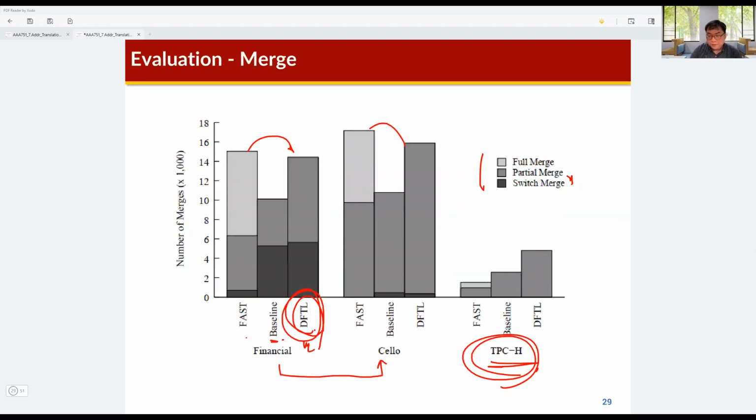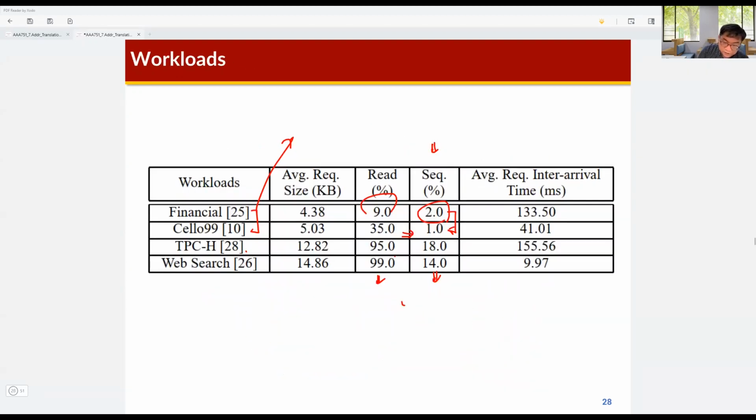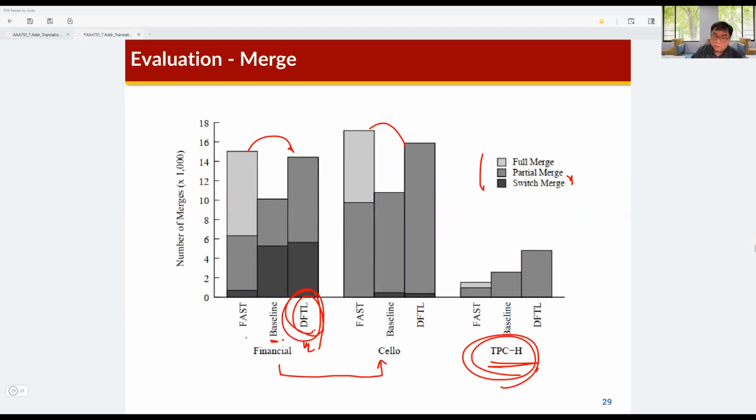But in the TPCH, we can find that the percentage of sequential write is higher than the other workloads. You can find that the number of merges by DFTL is even higher than FAST.